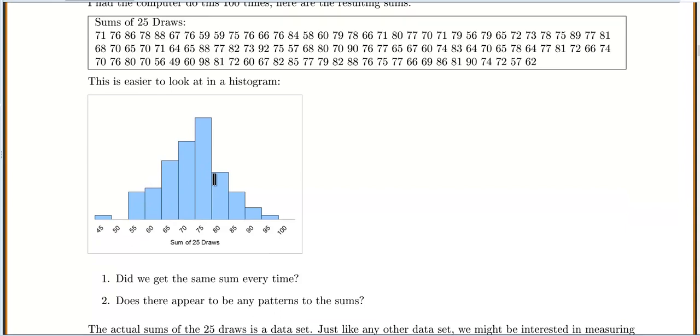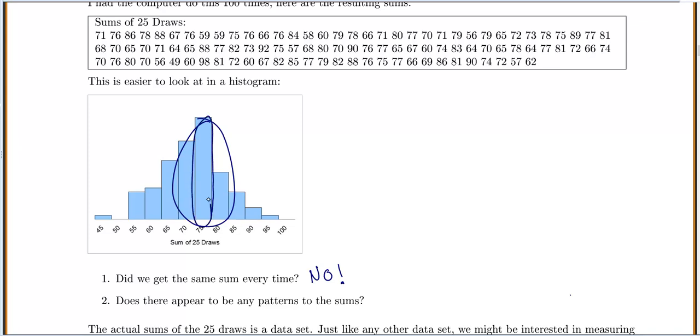So, did we get the same sum every time? Well, no. We got things like an 84, a 58, an 80, an 82, an 88. We got different numbers every time. Now, does there seem to be any pattern to the sums? It does seem to be a little bit of a pattern, right? Most of our numbers are between like 70 to 80.